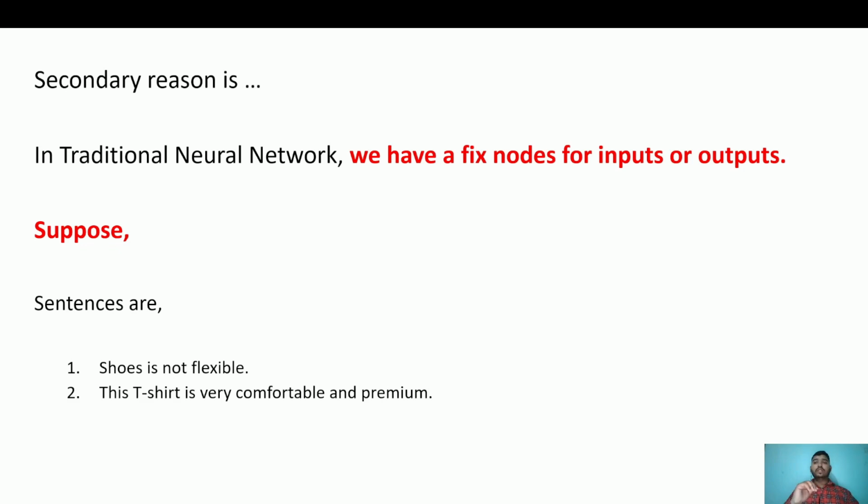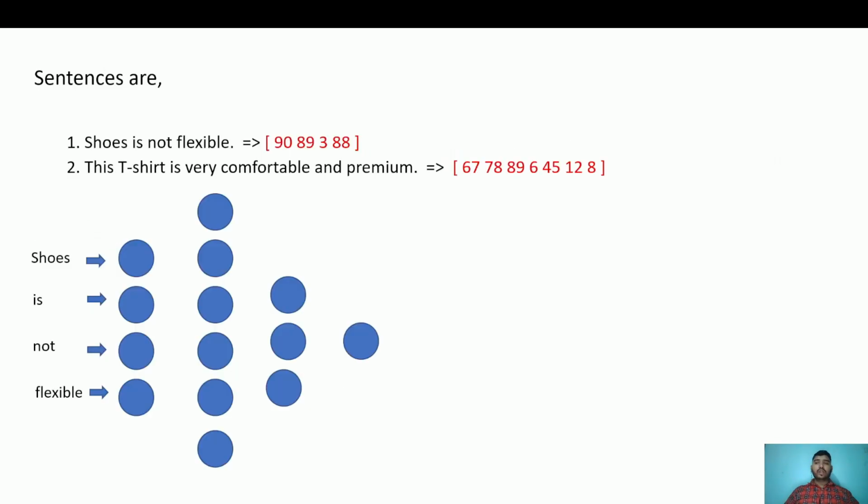The second major reason is that in a traditional neural network we have a fixed number of nodes for the input or output. Suppose the first sentence is "shoes is not flexible", and the second sentence is "this t-shirt is very comfortable and premium". When we feed the first sentence into a traditional neural network, you get four inputs: shoes for the first node, is for the second node, not for the third node, and flexible for the fourth node.